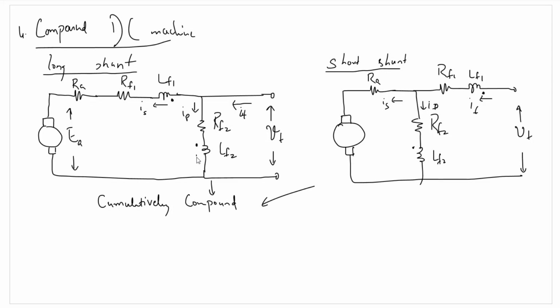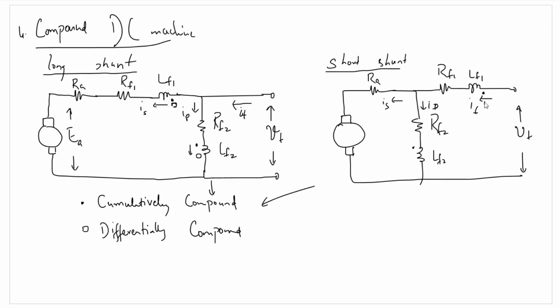If the magnetomotive force, I am representing this square now here, that means in this case the current is first flowing into the square path, but in this case it is coming out of the square path. That means the magnetomotive force produced by one winding will be positive, while the magnetomotive force produced by another winding will be negative. The two magnetomotive forces will subtract each other, so it will be known as a differentially compound DC machine.